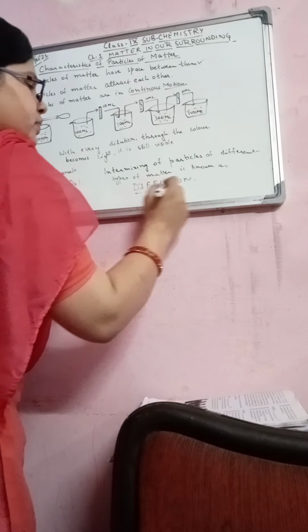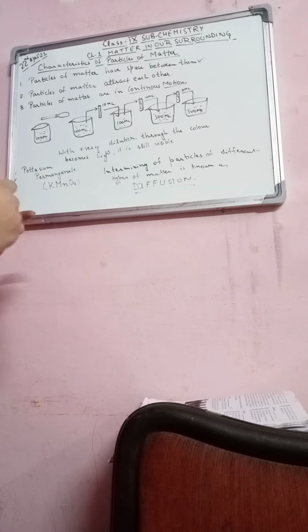Got my point? So diffusion is important. Intermixing of particles of different types of matter means it will just mix, like the fumes of a stick.